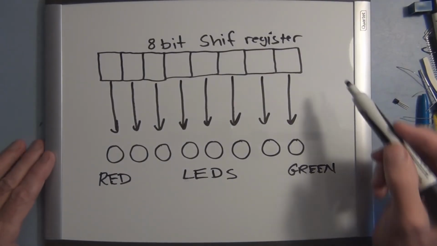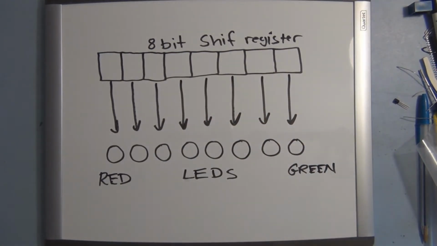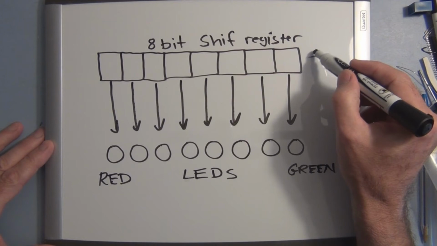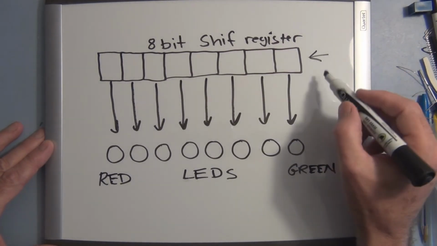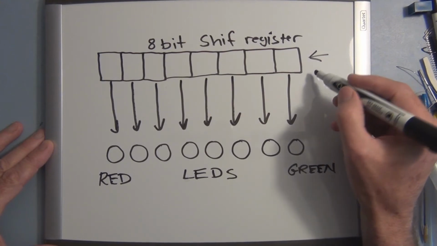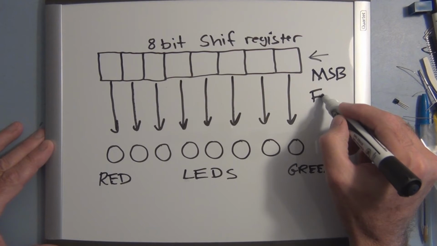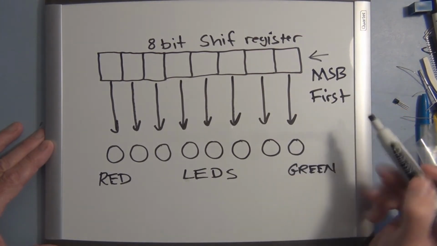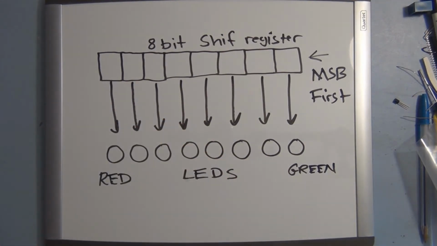Another thing we have to keep in mind is that this is the 8-bit shift register. If we're shifting in this direction here, we want to shift in the most significant bit first, because that'll get shifted down to here.